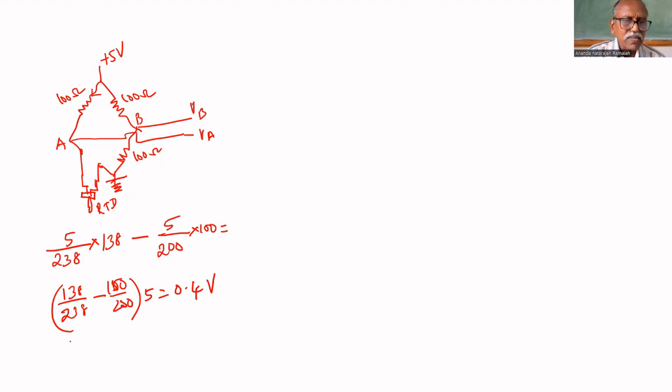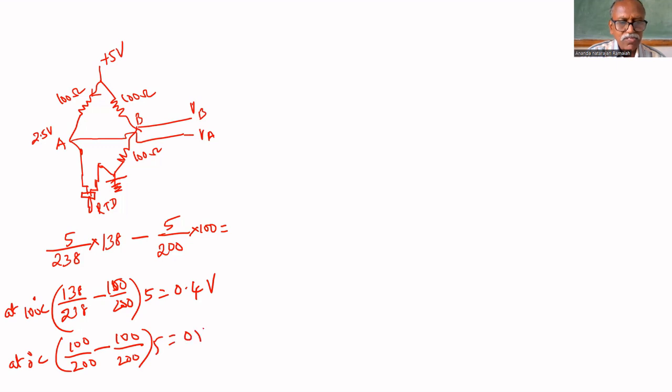At 0 degree centigrade, at A, the potential is 2.5 volt. Potential at B is also 2.5. That is 100 divided by 200 multiplied by 5. At 0 degree centigrade the difference is 0 volt. Therefore, the span is 0 to 0.4 volt.